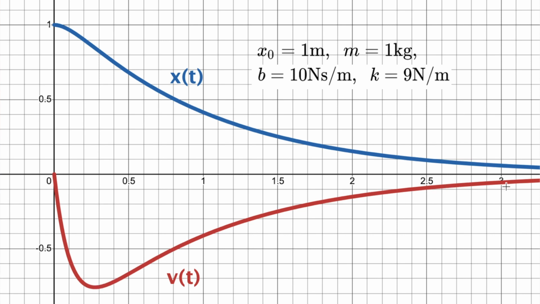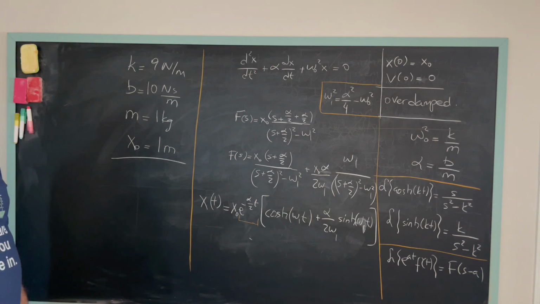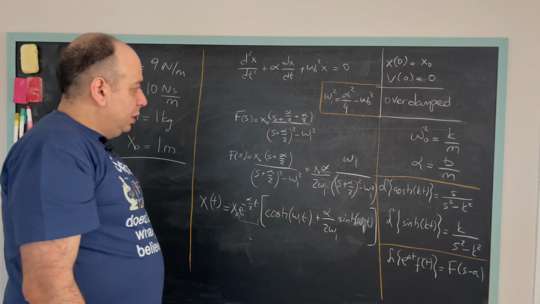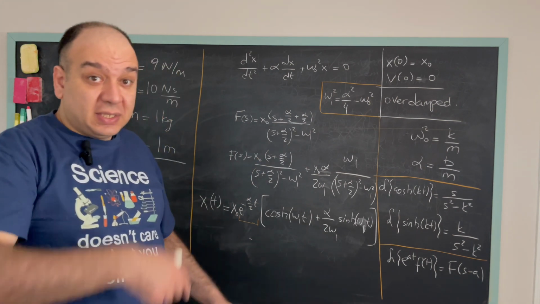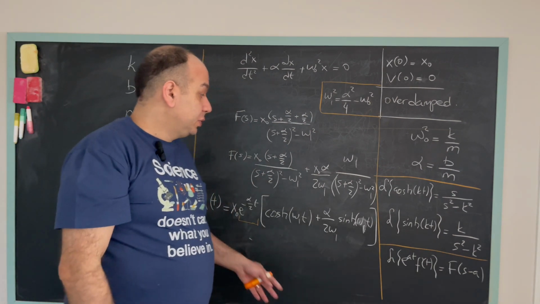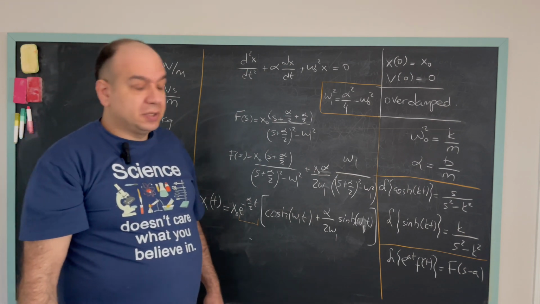It tends to go back to the equilibrium. It speeds up in the negative direction, and then it reaches a maximum, and then it also tends to 0. So finally the system stops. Okay? Since this is an overdamped system, we do not see any oscillations. So in our solution we do not have any sine or cosine functions.